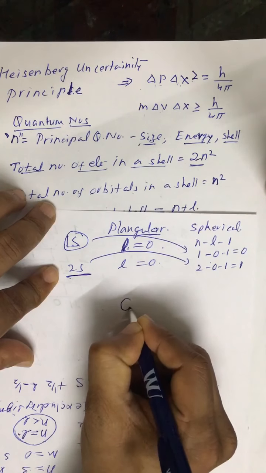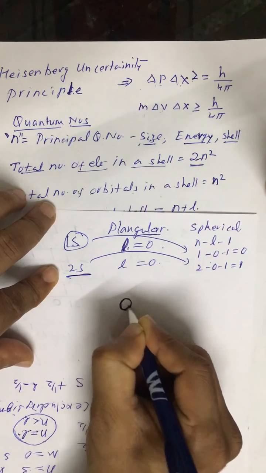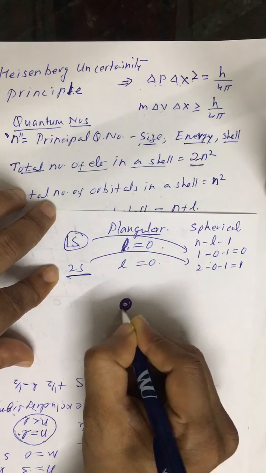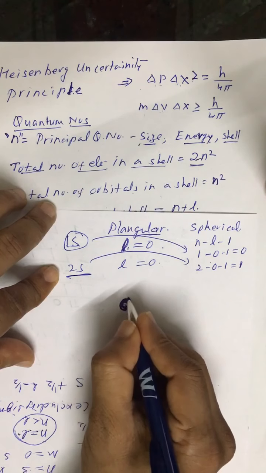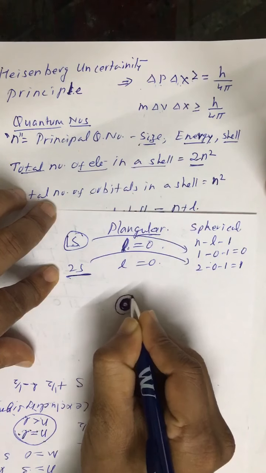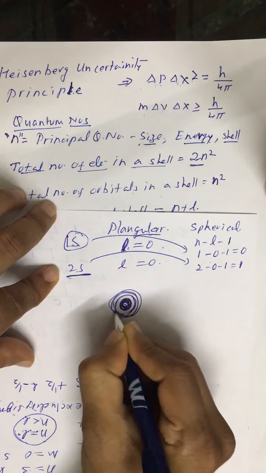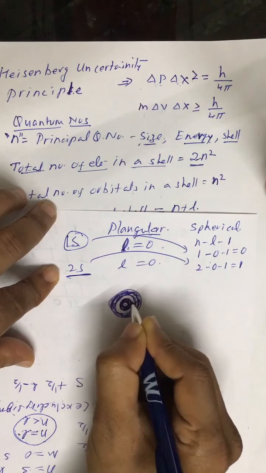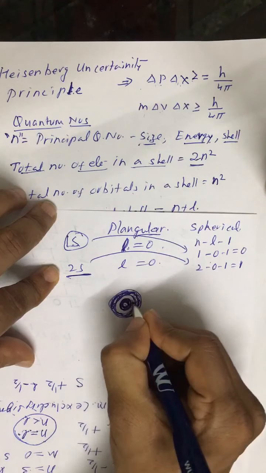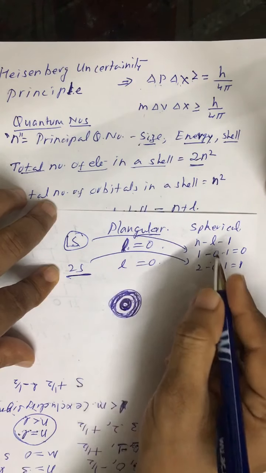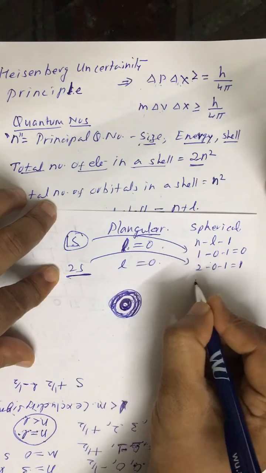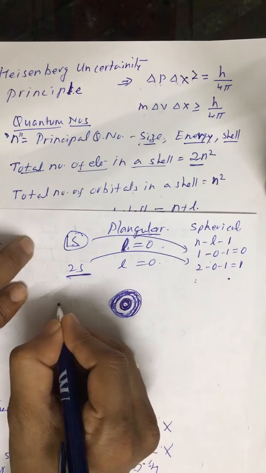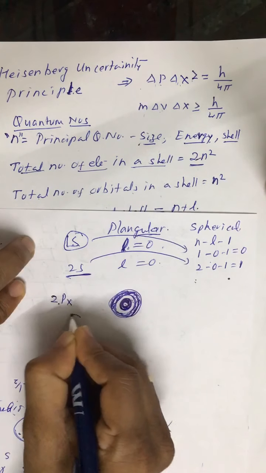How come? See, for 2s, how is the shape drawn? This is 1s, this is 2s. This is the nucleus, and then comes this space. Look at this space. This is called a node, and this is a spherical node. So in 2s we have one spherical node, and in 3s there will be two spherical nodes. As far as planar node is concerned, look at 2px.